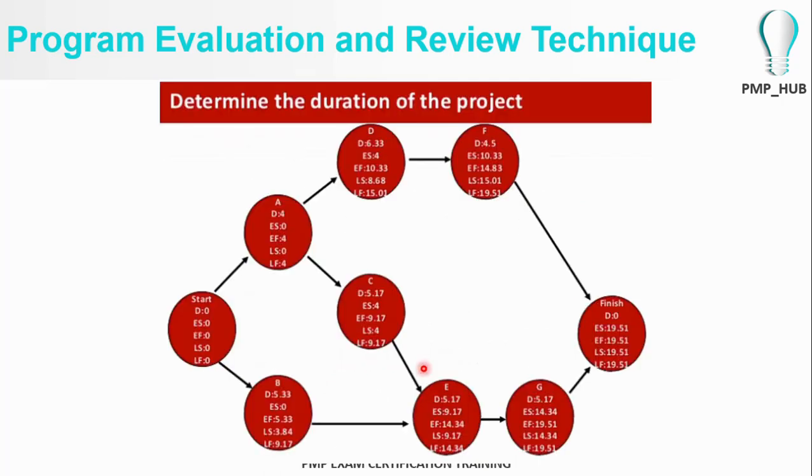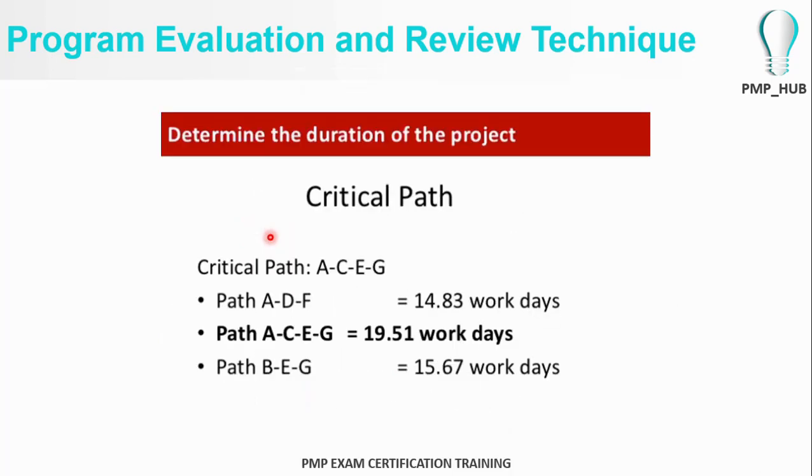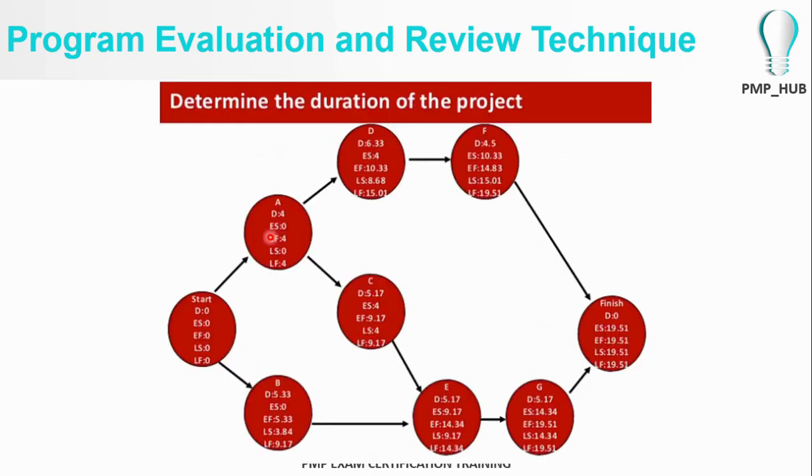If we go back, it is A, C, E, G, which is 19.51 days of the latest finish time or the earliest finish time. So that is the critical path.